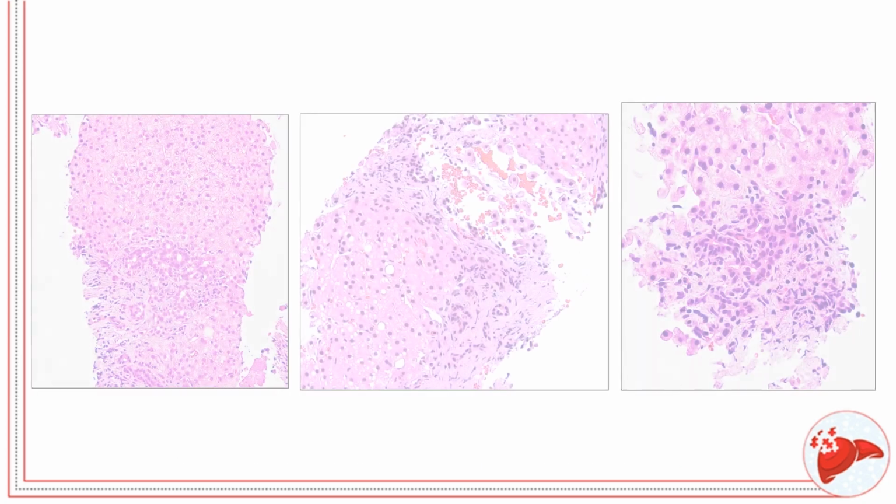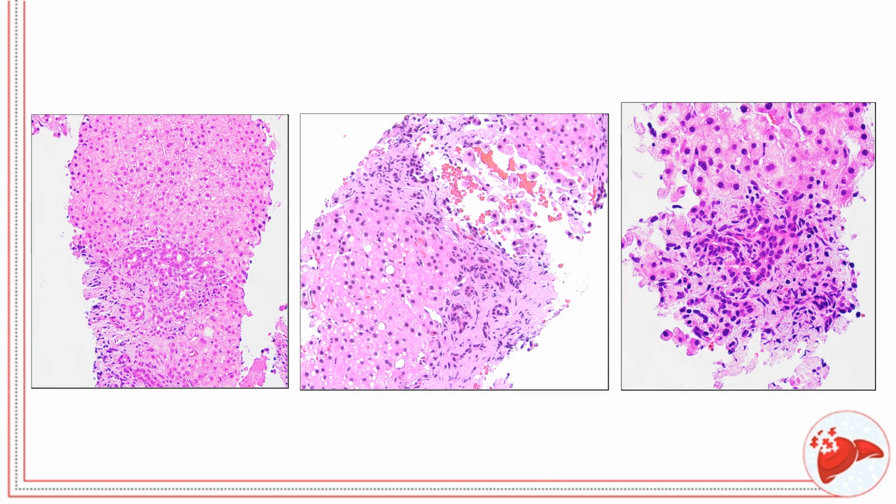In the other sections, the normal components of a portal tract are not appreciated. Instead, there is a ductular reaction. We don't see the hepatic arterioles. We don't see the portal vein architecture here.